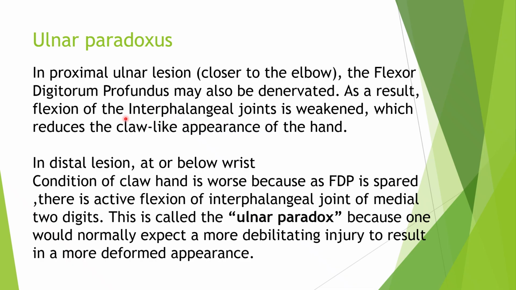As a result, the flexion of the interphalangeal joints is weakened, and this reduces the claw-like appearance of the hand. On the contrary, if the ulnar nerve is damaged below the wrist, the flexor digitorum profundus is spared and there is active flexion of the interphalangeal joints. This adds to the claw, and there is a more debilitating injury, resulting in a more deformed appearance. This is called ulnar paradox.